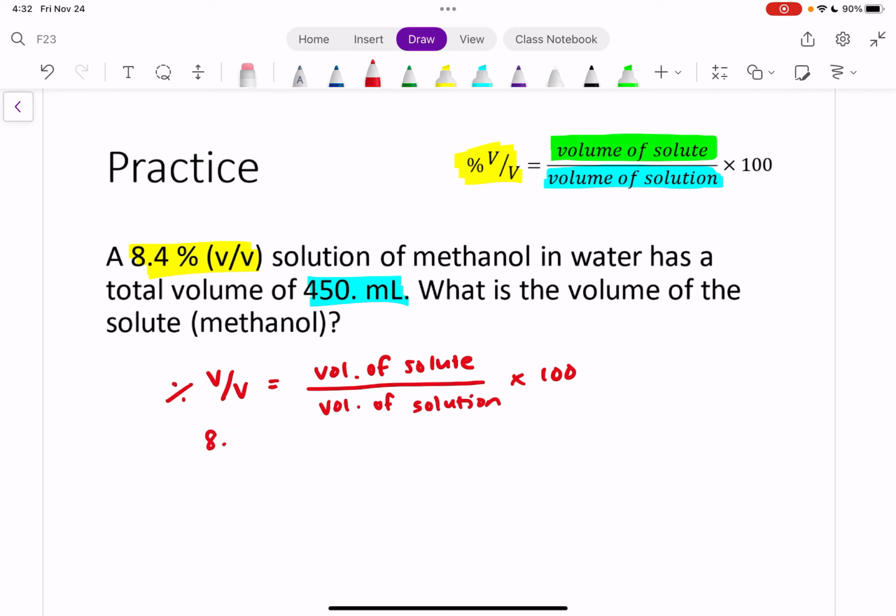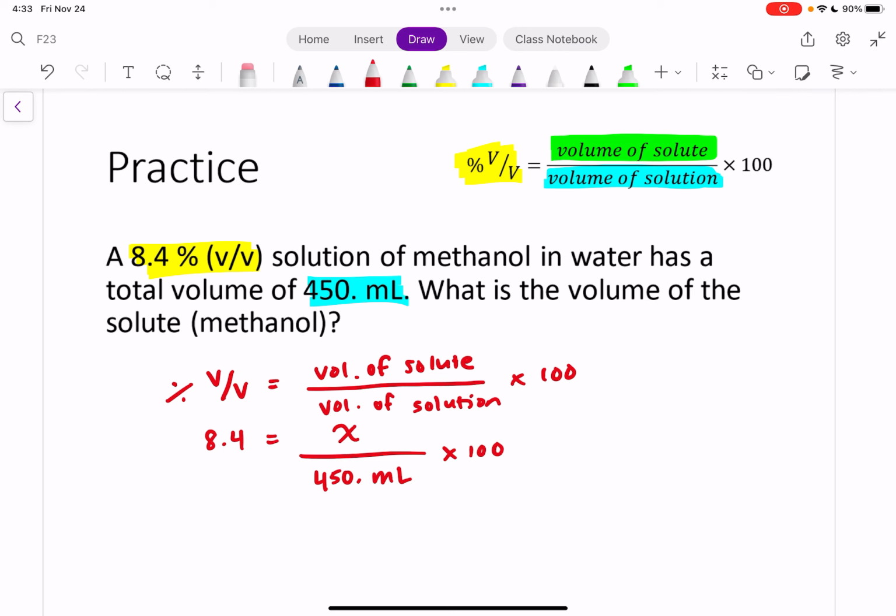So let's put 8.4 over here. That equals the volume of our solute, which is what we're solving for. I'm just going to call that X for now, and I'm going to put all of that over 450 mL, which is the total volume of our solution. Then we've got to multiply by 100.